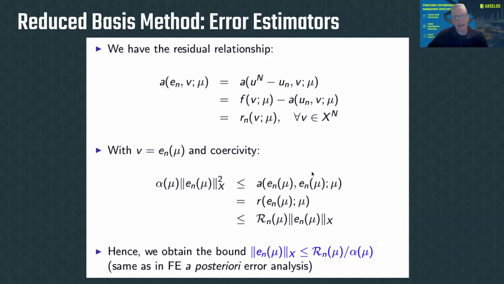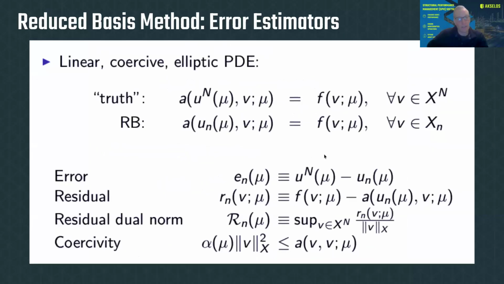The key difference is that in the RB world, it's actually a little bit nicer in a way, because the so-called truth solution you're trying to compare to is finite dimensional. In a finite element context, your a posteriori error indicators are with respect to an infinite dimensional space, right?